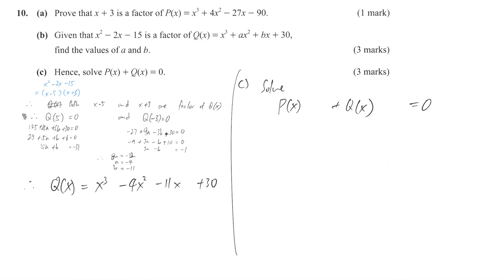Before you start, you predicted a cubic polynomial, or maybe I just continue. So x power 3 plus 4x squared minus 27x minus 90, and then plus q(x), we already know q(x) here. So this is plus x power 3 minus 4x power 2 minus 11x plus 30.